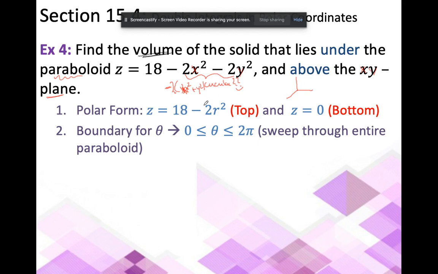If you need a refresher, you graphed these at the beginning, didn't we? So I have a paraboloid. Oh, that's so bad. Gee, Merry Christmas. Terrible.